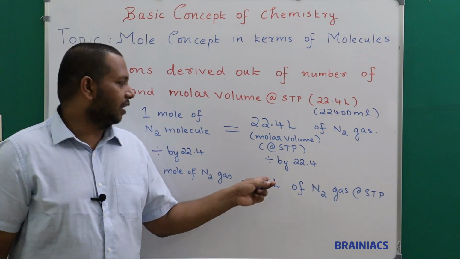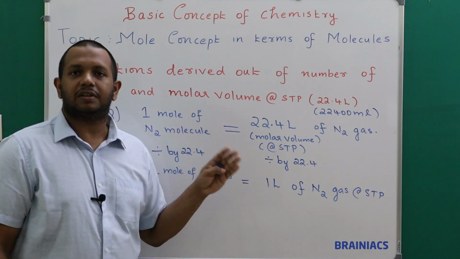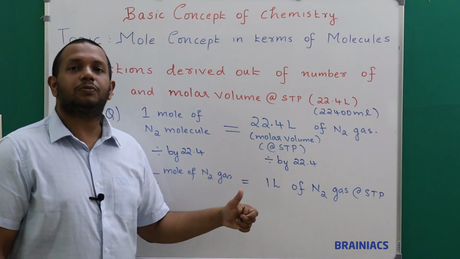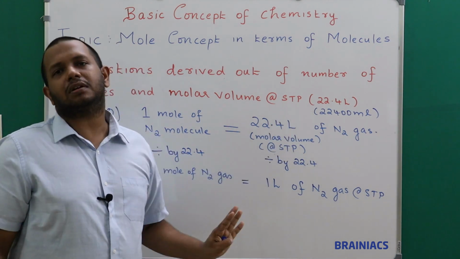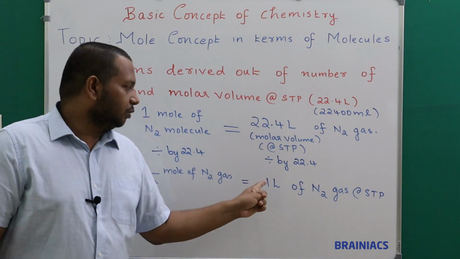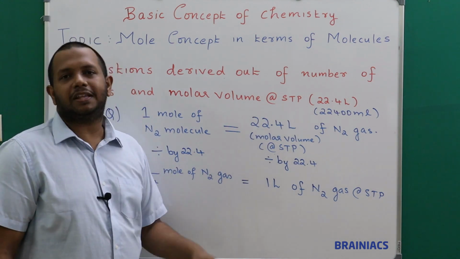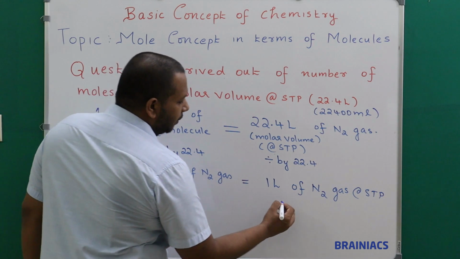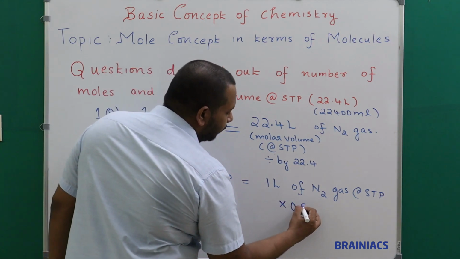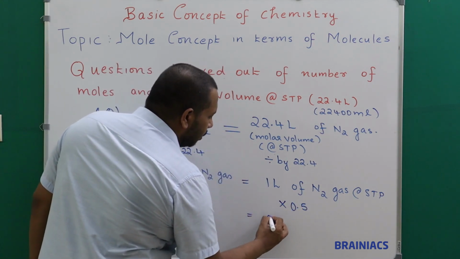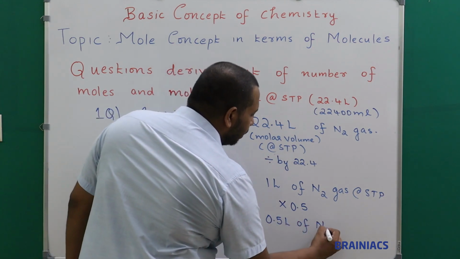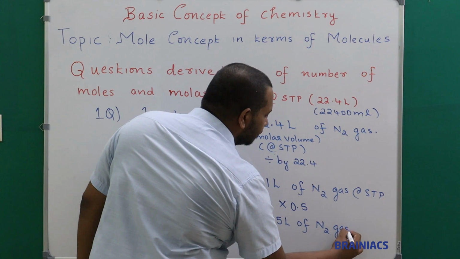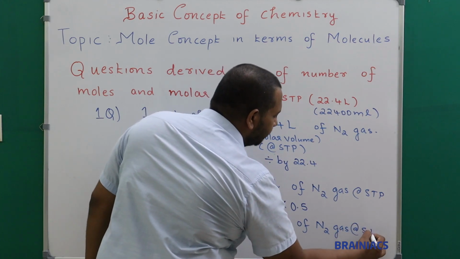Suppose in the exam they are asking you to calculate in 1 liter, you can do it like this. But now in the question they are asking you to find it in 0.5 liter. 1 can be converted to any number, whatever number they are asking. Now they are asking 0.5 liter, so what should you do? Multiply by 0.5. So I am multiplying by 0.5, and this will become 0.5 liter of N2 gas at STP.